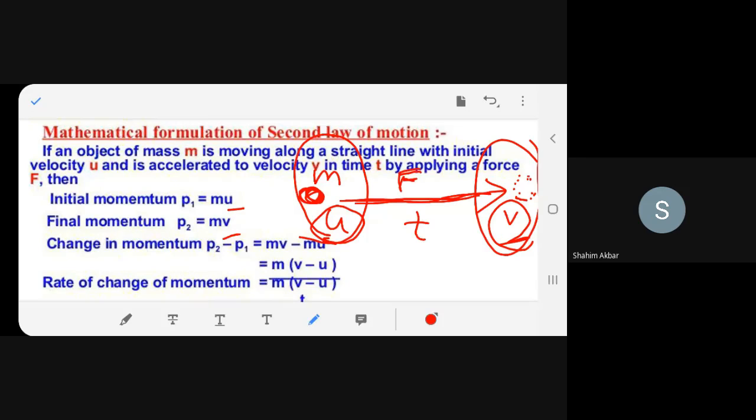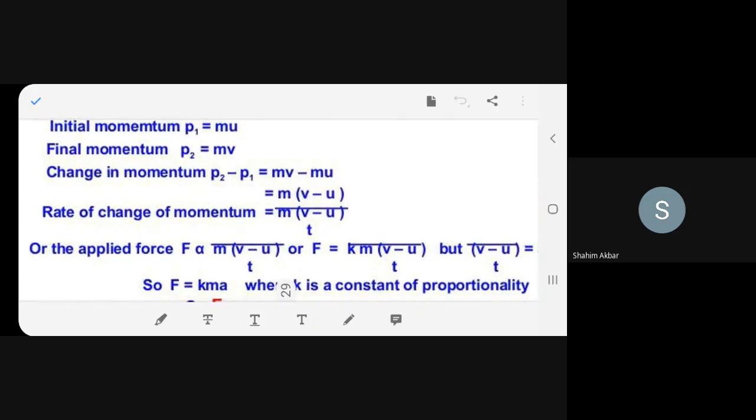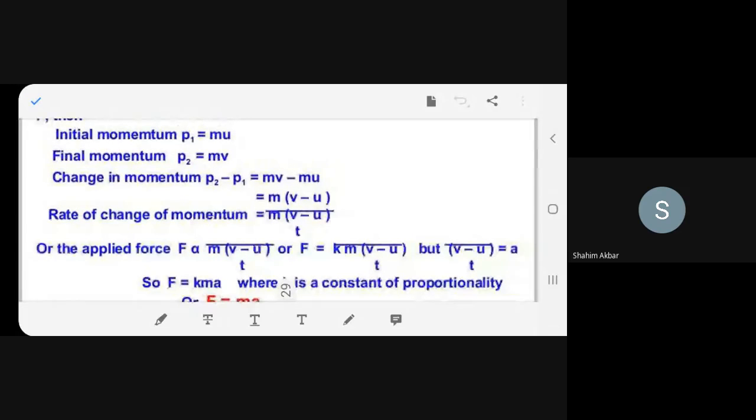Yeah, ma'am. Okay, please continue. From change in momentum. Change in momentum, P2 minus P1 is equal to mv minus mu.